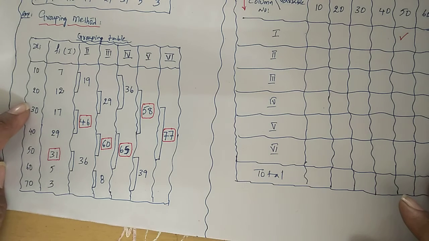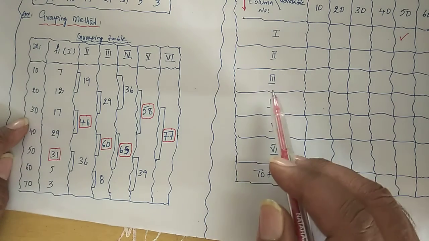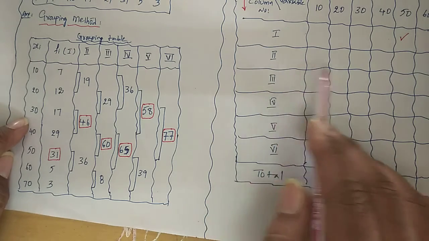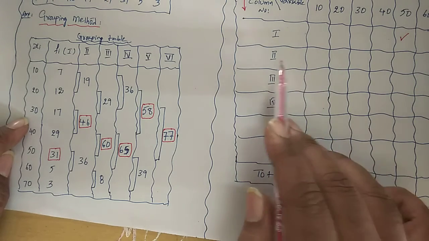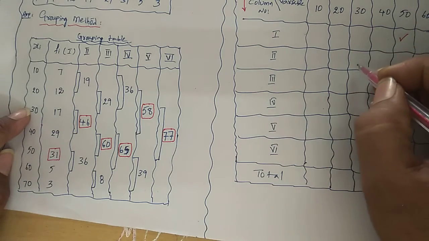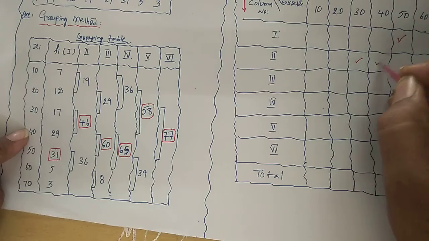So wherever 30 is there I put one tick mark. Wherever 40 is there also I am going to put a tick mark, under second column. The column information we provided horizontally, don't confuse here.